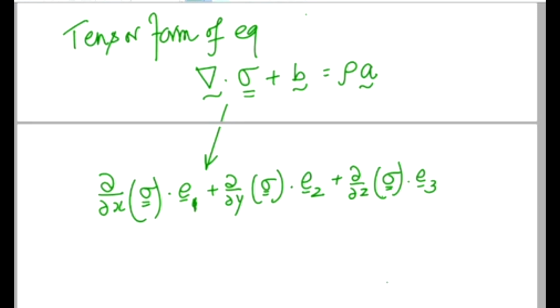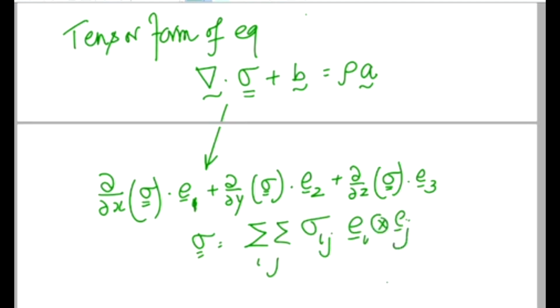And sigma also you will write in the Cartesian coordinate system. So sigma, for example, would be summation over ij sigma ij Ei tensor product Ej, where E1 is the x direction, E2 is along the y direction, and E3 is along the z direction.